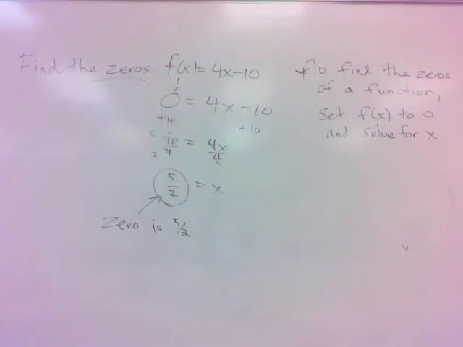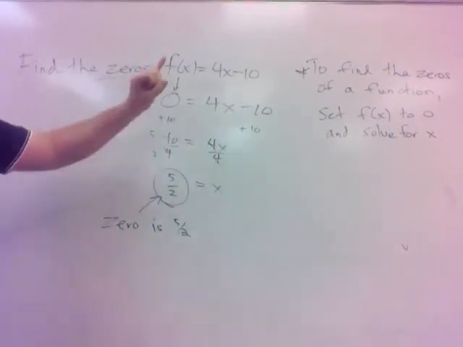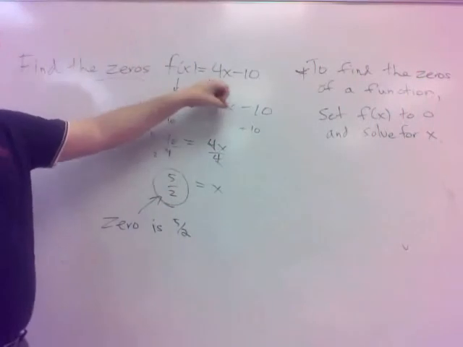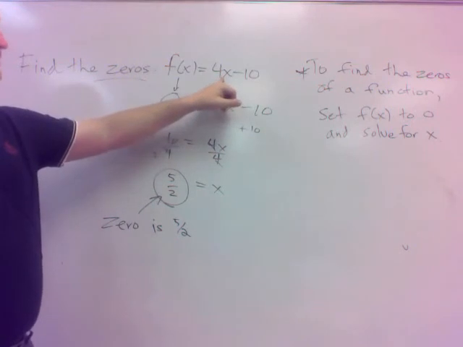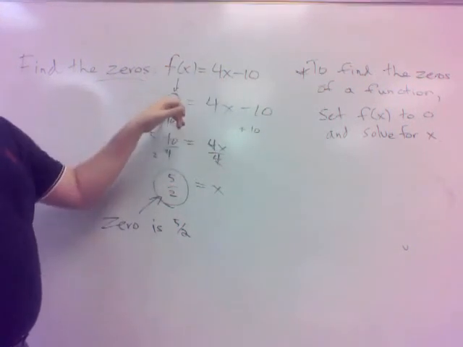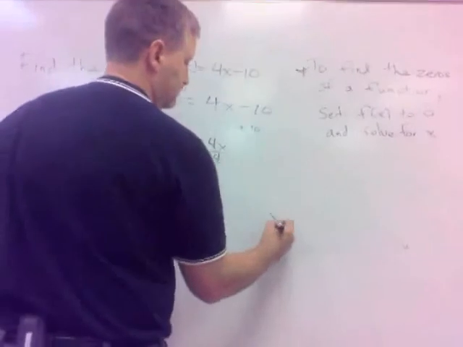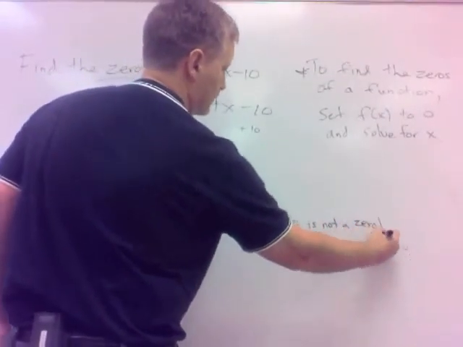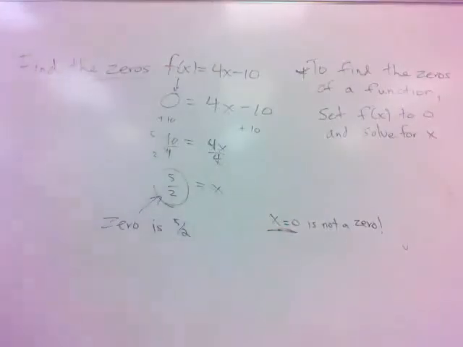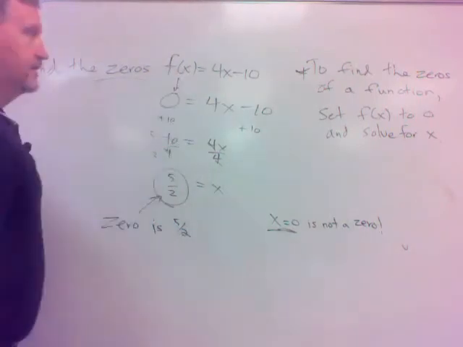All right, now, what about plugging in x to be 0? Would that give me a 0? Not necessarily. Because if I set x to 0, do I get the f of x to be 0? No. If you plug in x to be 0, in this particular case, we get negative 10.